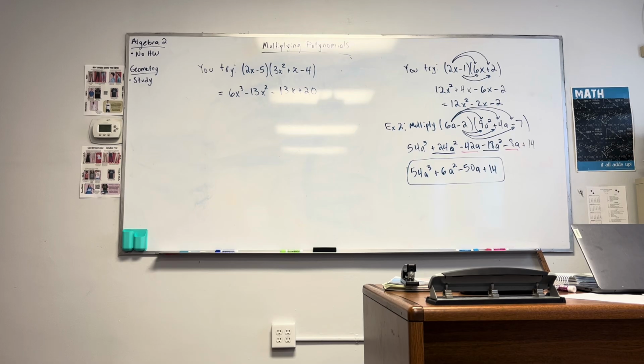A 1. You do 2 times that 1 to get 2. There you go. Yes, London? I don't know where I got negative 8 from. Oh, okay. Minus 8x squared.